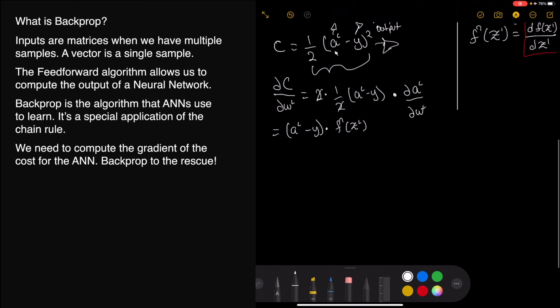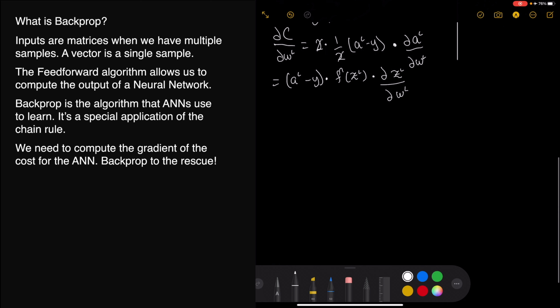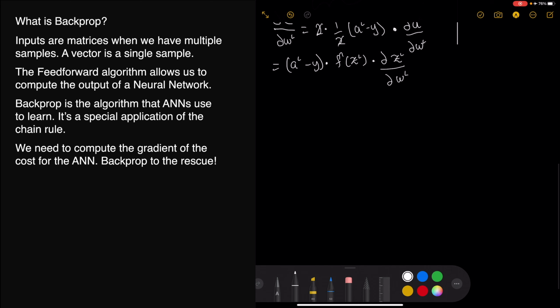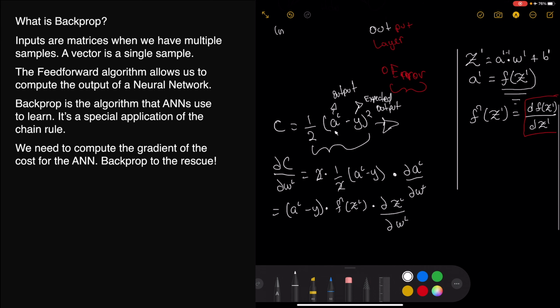Then we have that times the partial derivative of zl with respect to wl, which is what we're differentiating with respect to, right? Great, so now that we have that, let's look at our z function here.